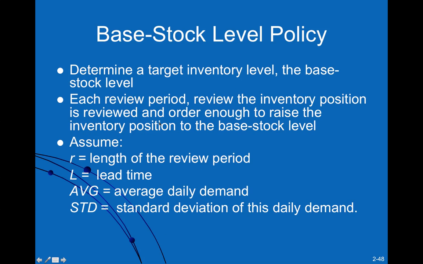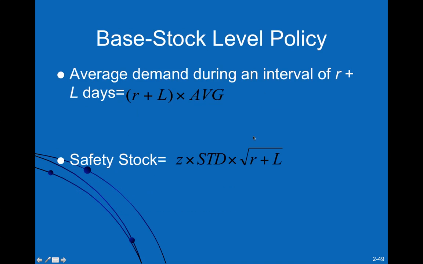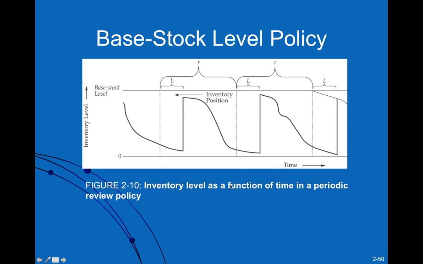So this slide is just basically reiterating what I've already just mentioned to you. Here's how we would calculate the average demand during the lead time, and with that information we certainly can compute the safety stock level, and with that safety stock level and the average demand during the lead time, we could establish the SS policy.